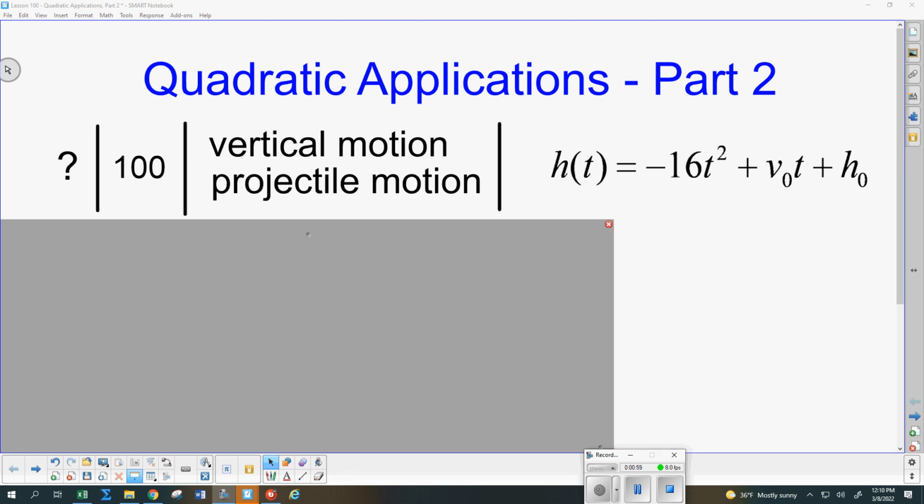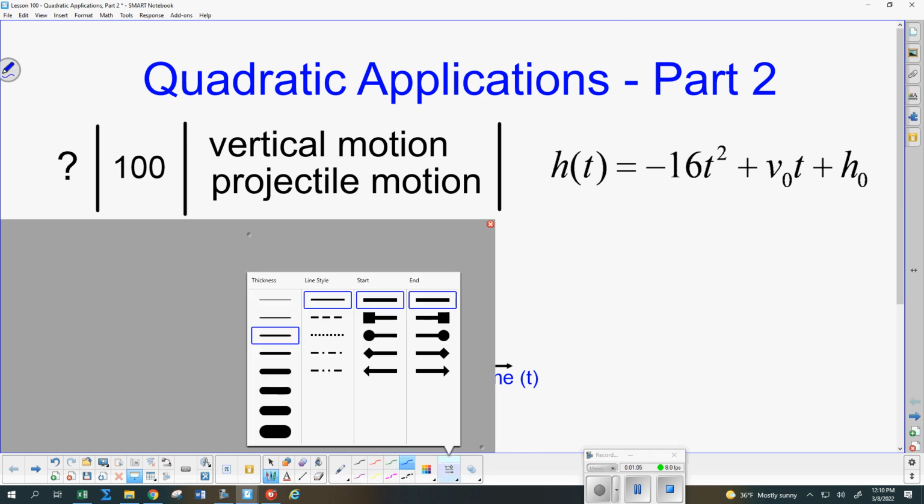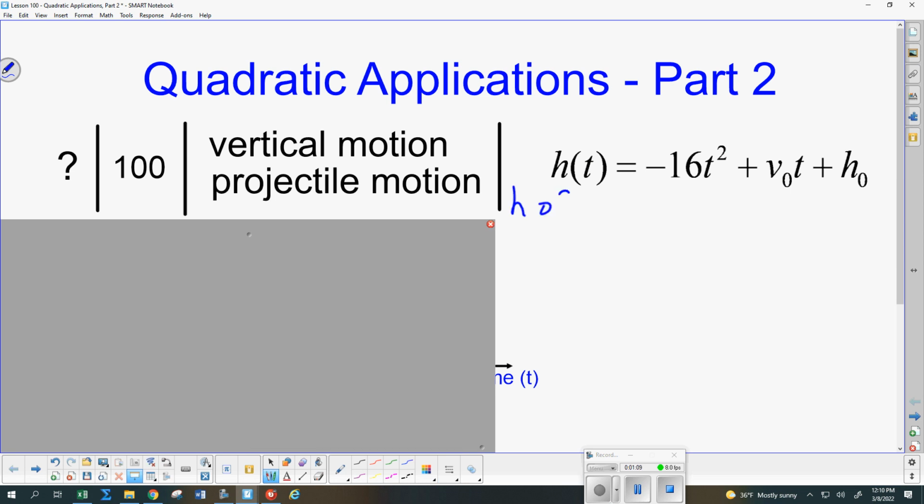In this equation, let's write down what all of these things mean. So the h of t, it's not h times t, means the height at time t. And that is in seconds for this equation.